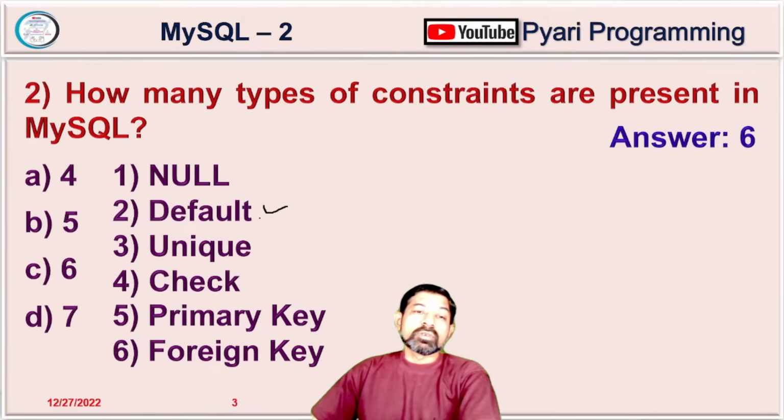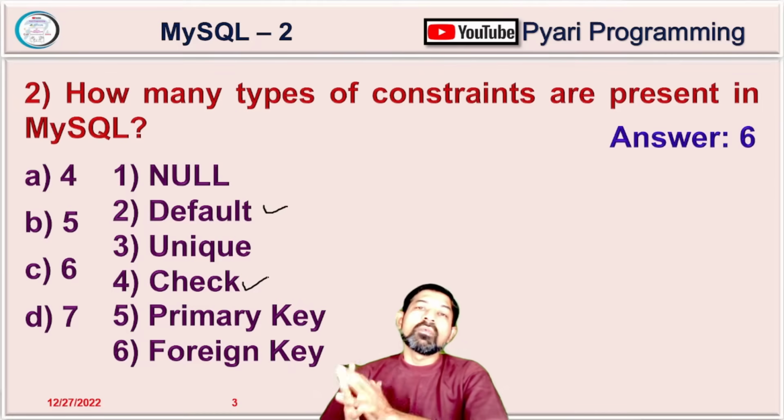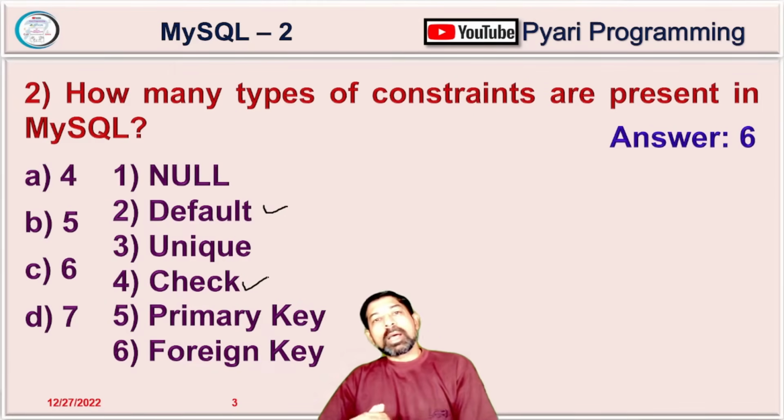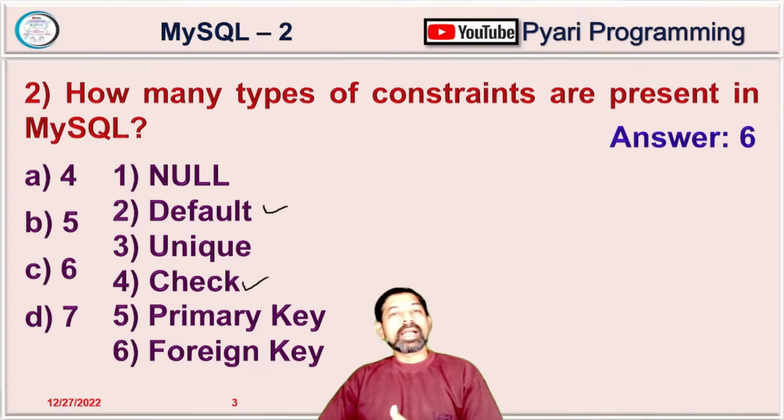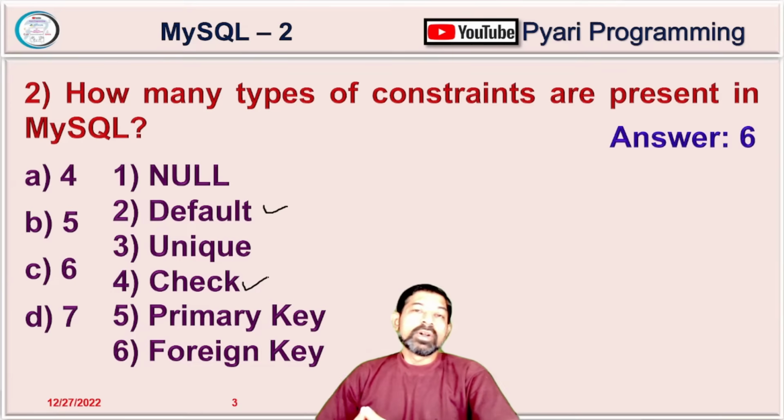Next is your check constraint. As already I have given so many examples to you, if I want to restrict the user to enter the data between a range, the price must be positive, not 0 or negative. In that case, I will say the price is greater than 0, so it is not allowing you to enter 0 for the price.